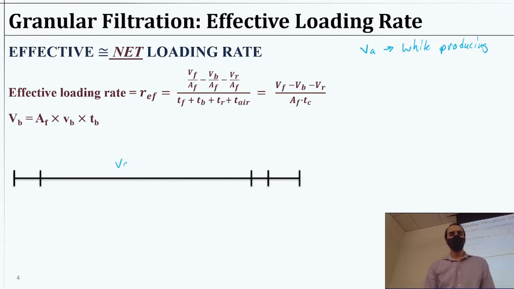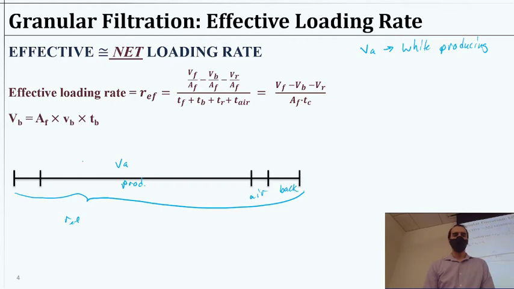So VA is here. R effective is looking at it averaged over the whole time. Okay? So again, we would have our production, air purge, backwash, and rinse.